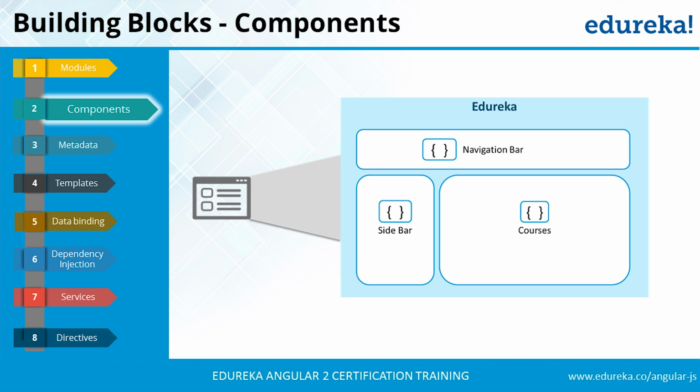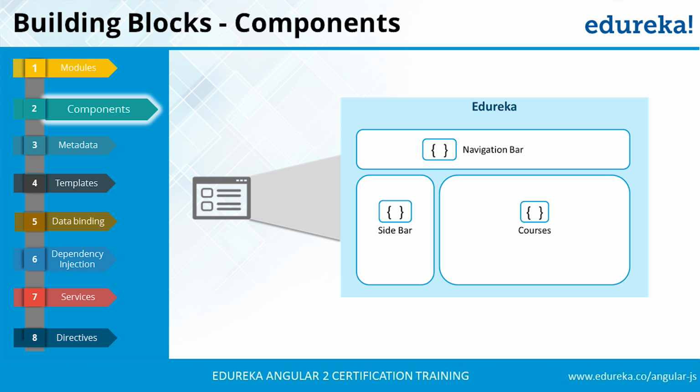This reusability came from smaller chunks of components. For example, if you have a lot of courses, you can create a component which is courses, and you would have smaller components which are course 1, course 2, course 3, and so on. And still you would be able to reuse that course component to create a lot more components whenever required.